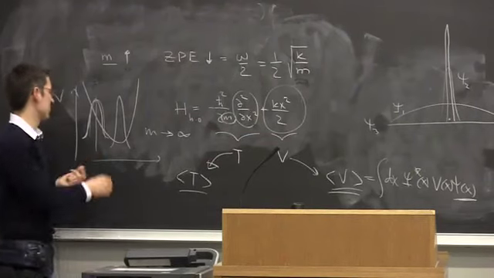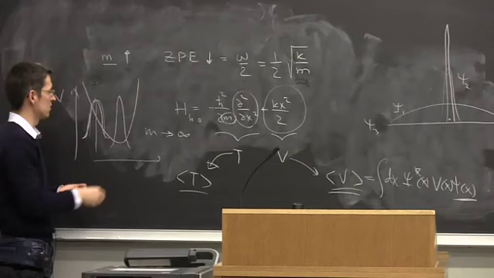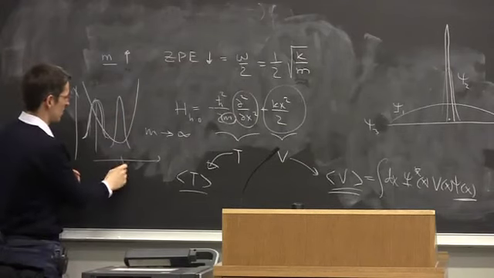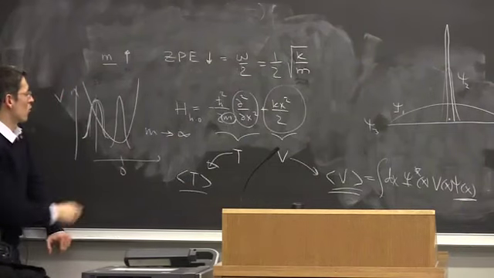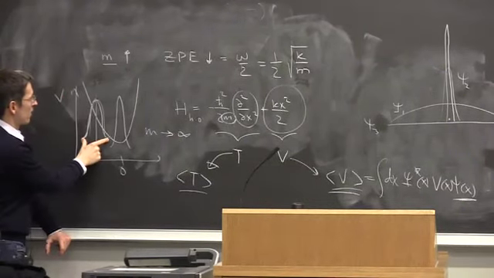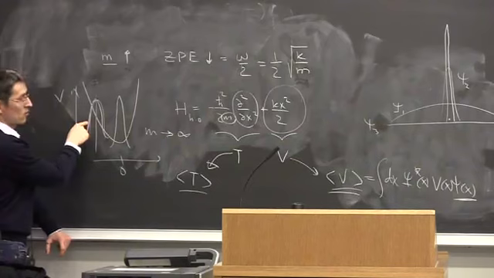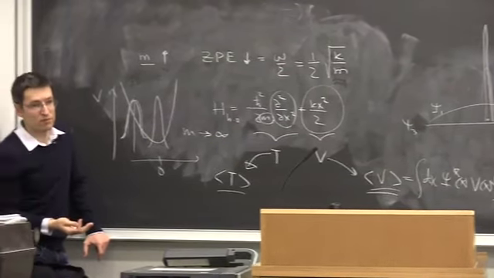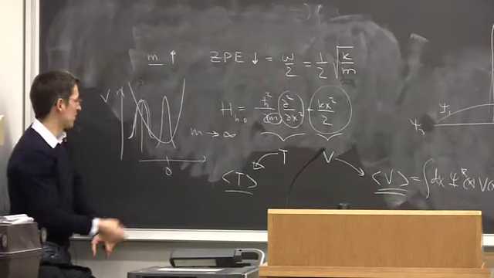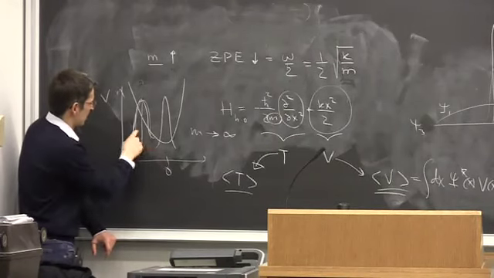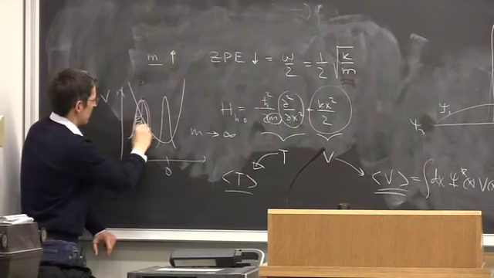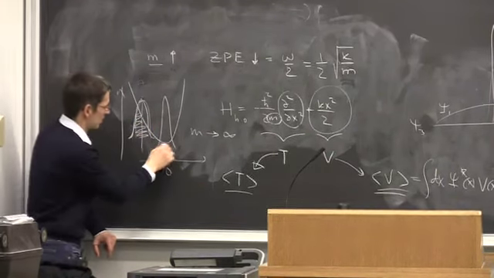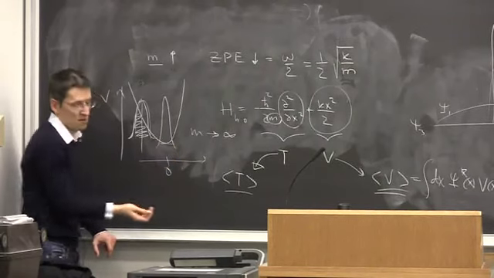No, I'm just asking, where should I center the Gaussian if you have V of x like a parabola, centered at 0? Where should I center the Gaussian when I integrate the product of the Gaussian with itself and the parabola, to get the smallest integral? At 0. Why? Because if I center it, say, here, then the area under the plot will be this, which is bigger than here where the potential has the smallest value.